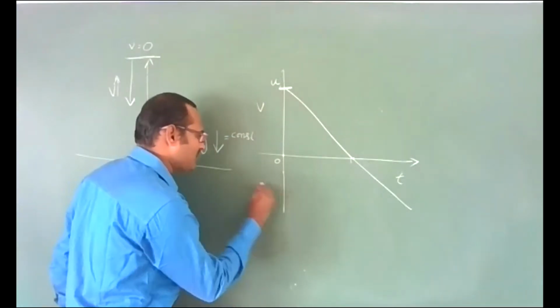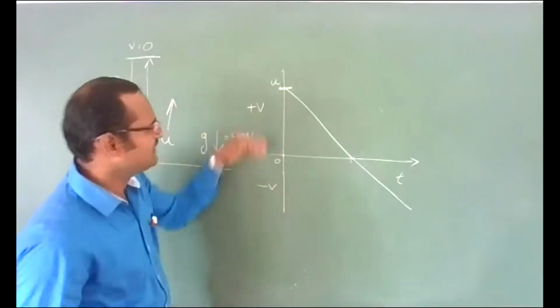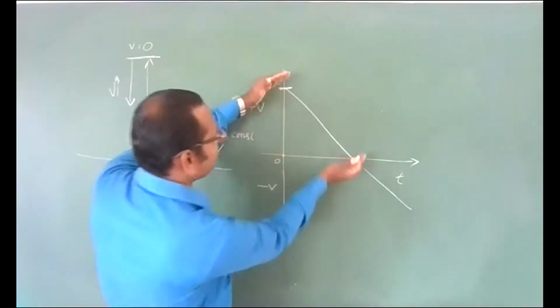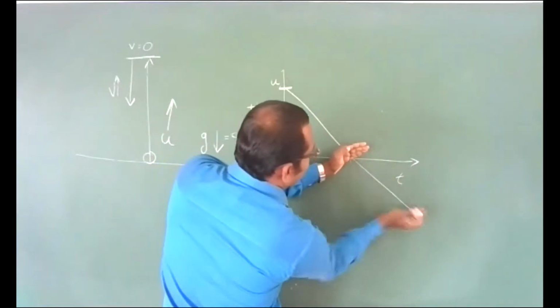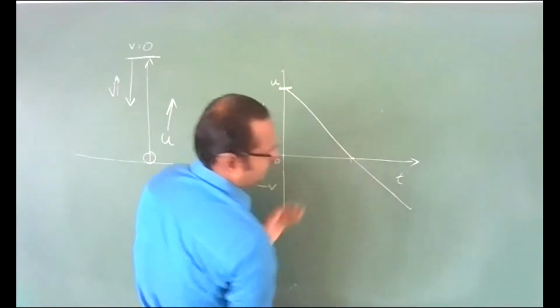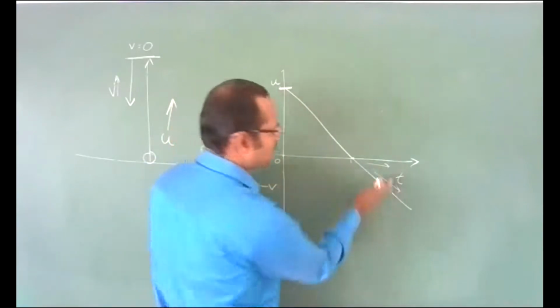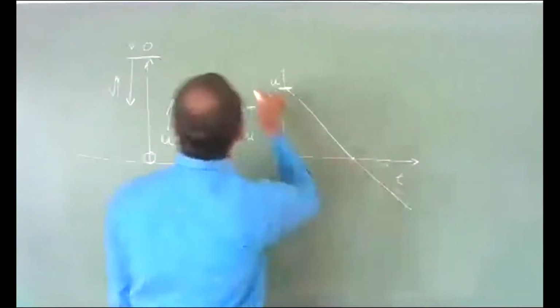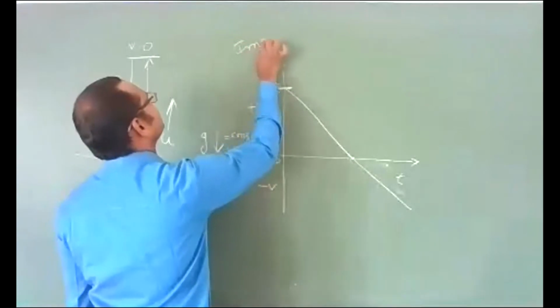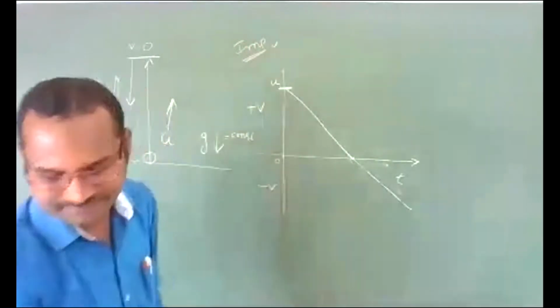In this part the velocity is decreasing, whereas in this part the velocity is increasing with time. You must remember this type of graph is important.